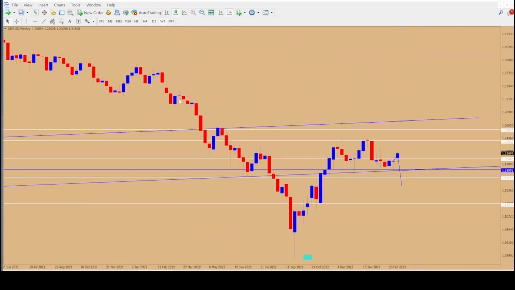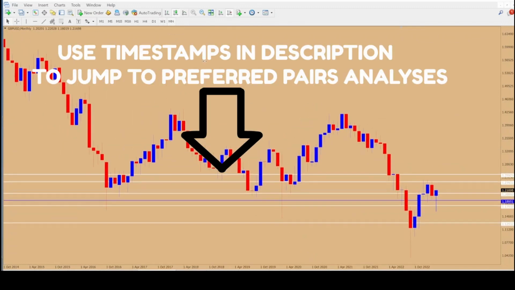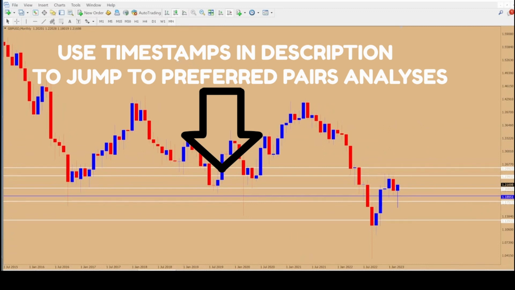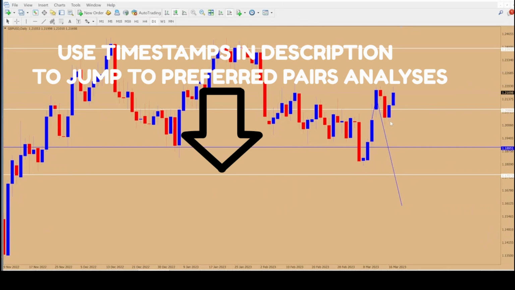Now for GBPUSD, okay, so let's go to the daily and see what's happening. For GBPUSD, I expect the market to do similar things with the EURUSD.